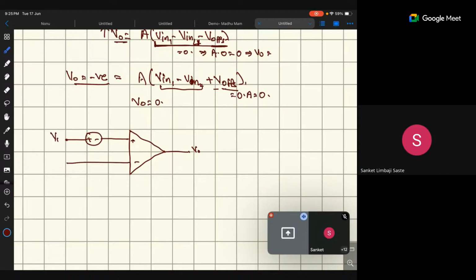If this is V in 1 and this is the V offset, here we are getting V in 1 minus V offset, and this is V2. So what is V naught? V naught is the difference between these two: V in 1 minus V offset minus V2, times A.